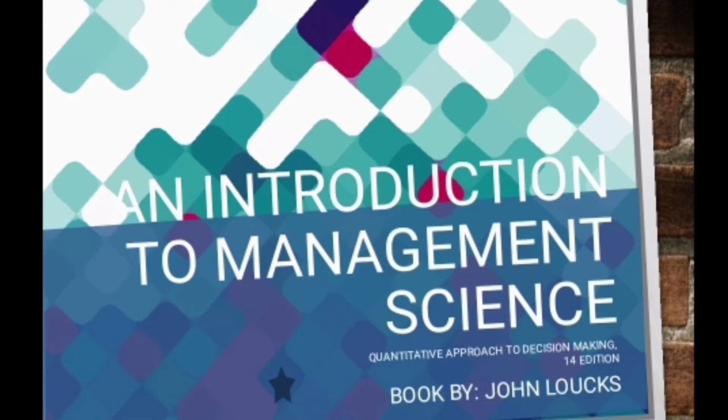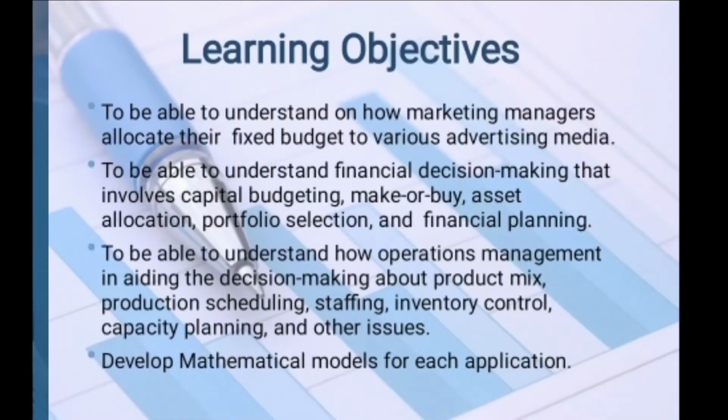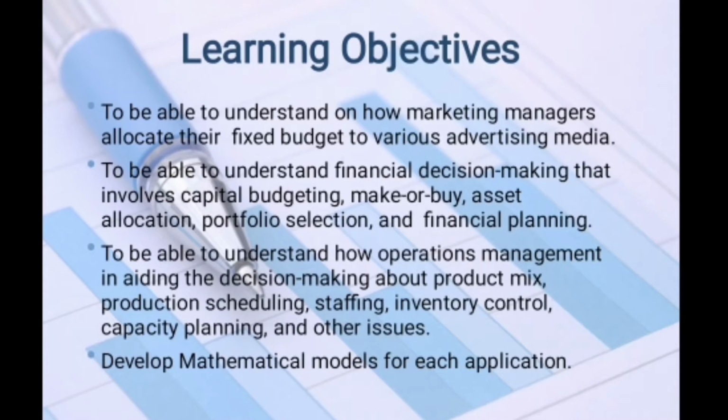The topic that we will be discussing is Chapter 4, An Introduction to Management Science. Chapter 4 is all about linear programming applications in marketing, finance, and operations. The learning objectives of this chapter are, first, to understand how marketing managers allocate their fixed budget to various advertising media.